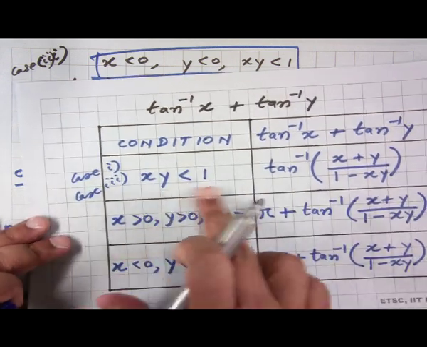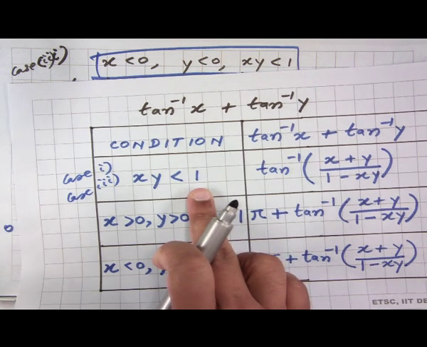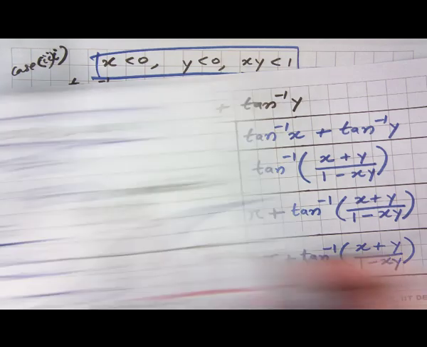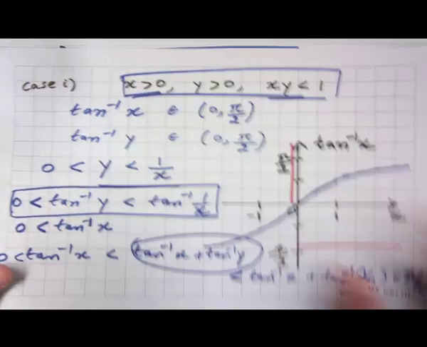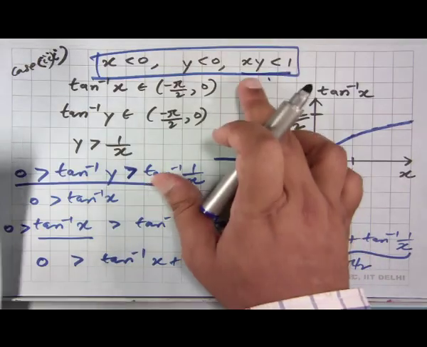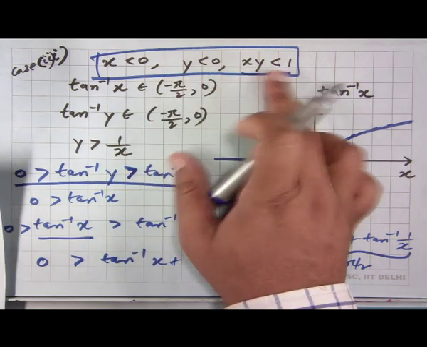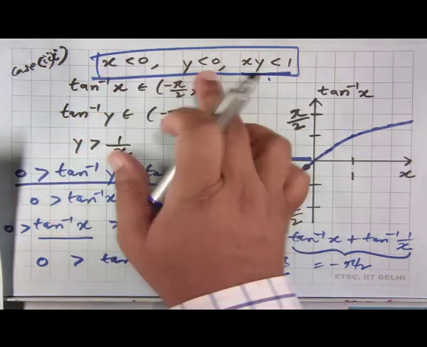belong to this particular case, because if you remember, case 1 was also xy less than 1, but both x and y positive, and case 3, which we discussed just now, is also xy less than 1, but here both x and y are negative.